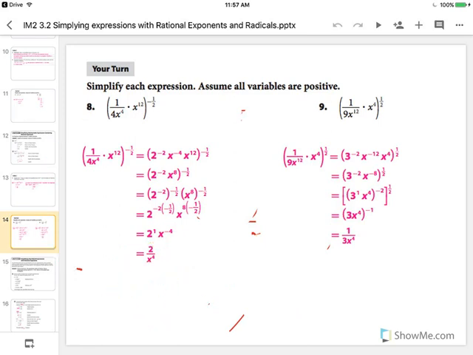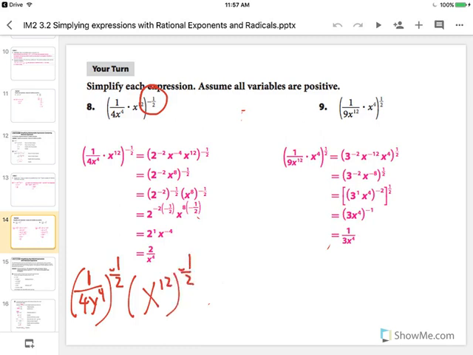Let me show you another way to do number 8. Let's try the reciprocal. We notice that we have the power of 1/2, so I'm going to break this up. This gives us 4x to the 4 power raised to the negative 1/2, and x to the 12 raised to the negative 1/2.